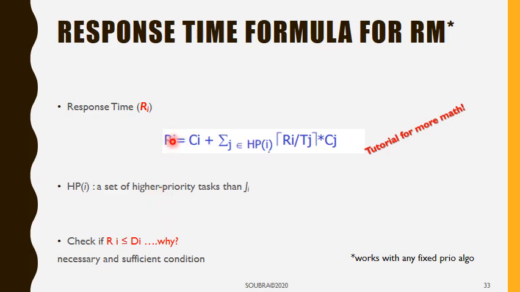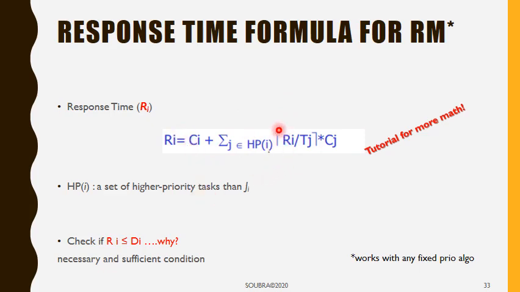So whenever we have a lower priority task than the highest one, it will be the computation time of that task plus whatever interference is induced by the highest priority task, and for the second lowest priority task, its computation time plus whatever is induced by the higher priority tasks now, because there are more than one, right? And this is to reflect how the higher priority tasks are interfering with the response time of the lower ones.